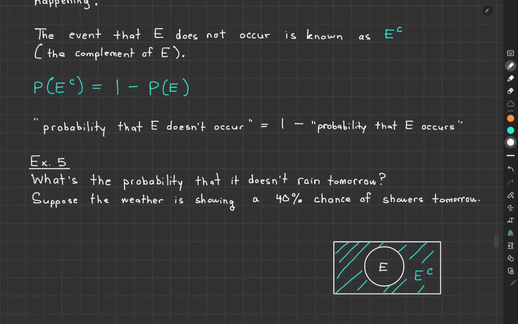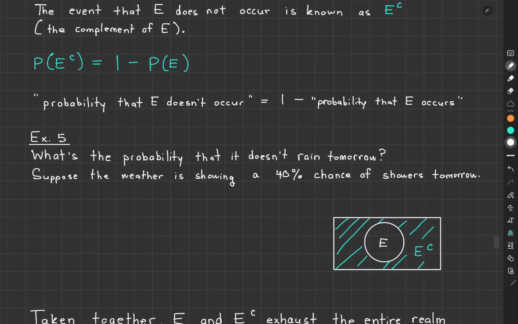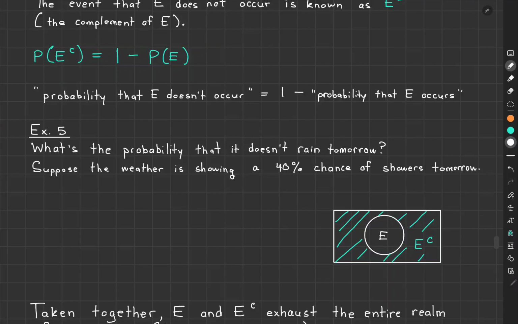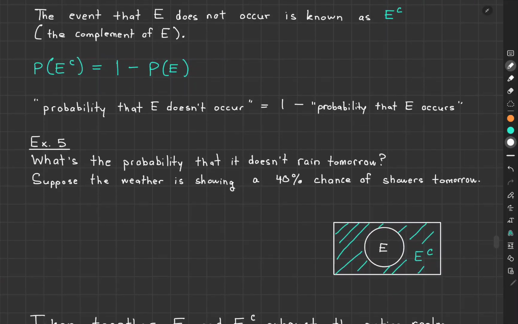Okay, so let's try an example with this. What's the probability that it doesn't rain tomorrow? Suppose the weather is showing a 40% chance of showers tomorrow. Okay, so the probability of no rain is going to be equal to 1 minus the probability of it raining.